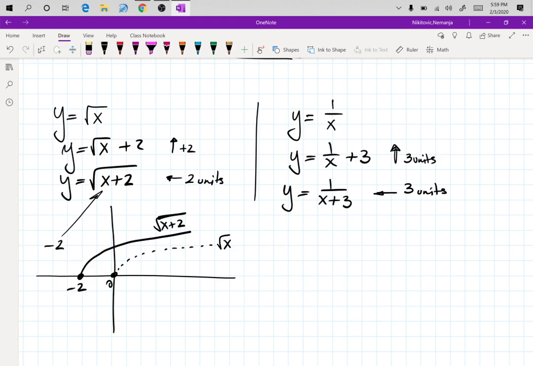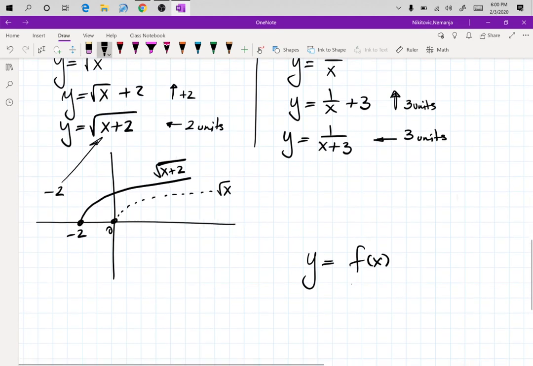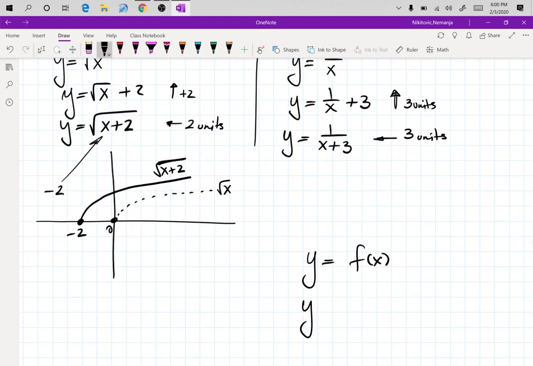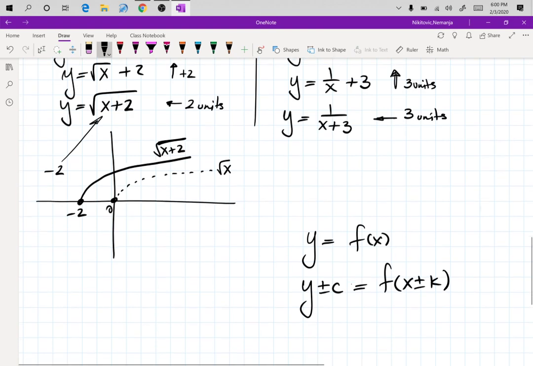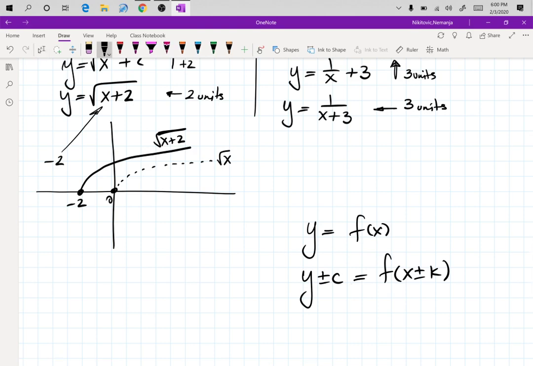Well, I can talk about it. Technically, y equals f of x is the function. And then if you have y plus minus c equals f of x plus minus, let's say, k, once you move this c to the other side, it would be minus plus c. You see how they're opposite signs?